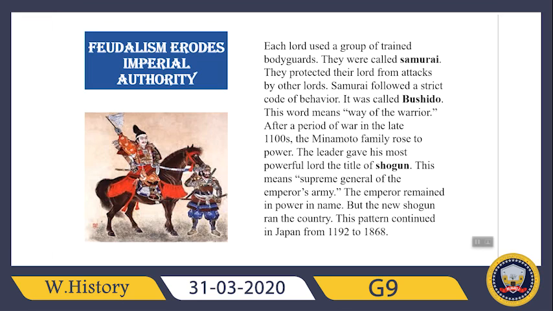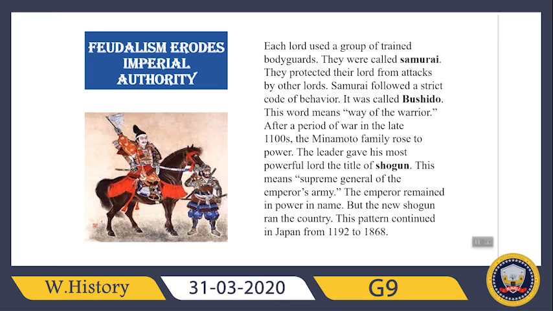Next we are going to talk about the title of Shogun. After a period of war in the late 1100s, the Minamoto family rose to power, and the leader gave his most powerful lord the title of Shogun.